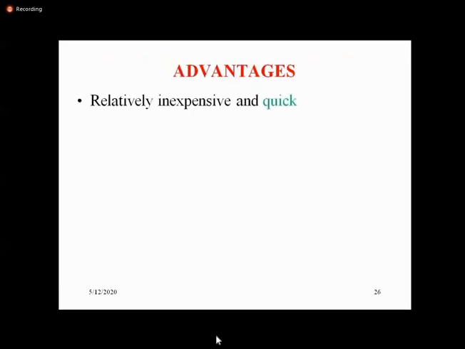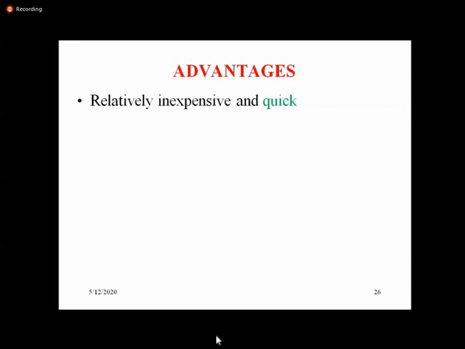This is relatively inexpensive because you don't have to encounter the individuals in the community. You just go for the information from different sources to get the consumption of different things, like consumption of salt among two different cities.